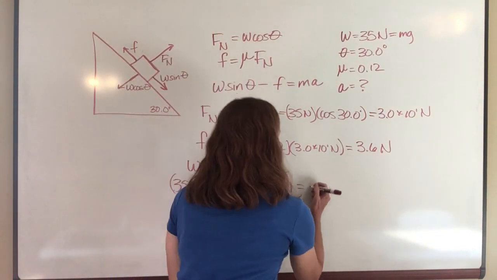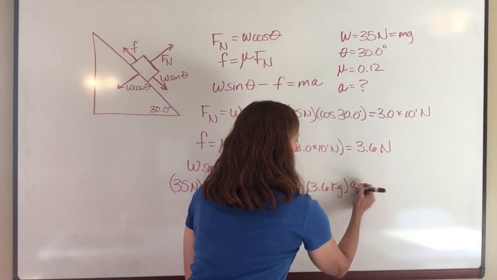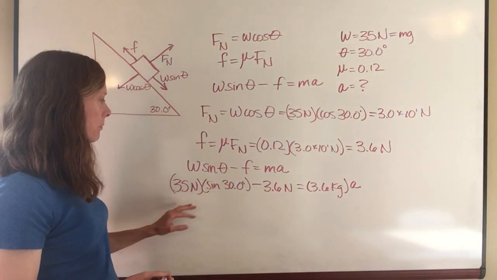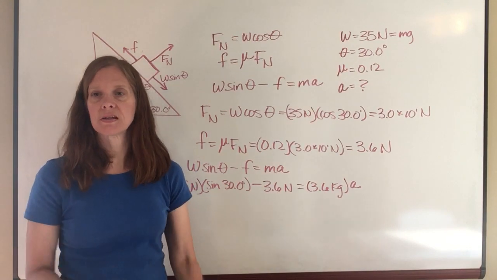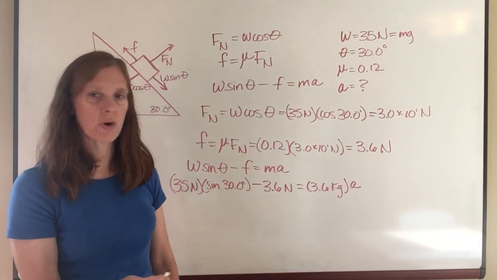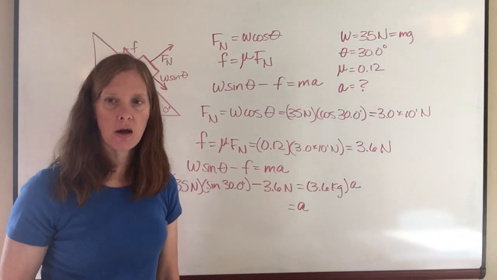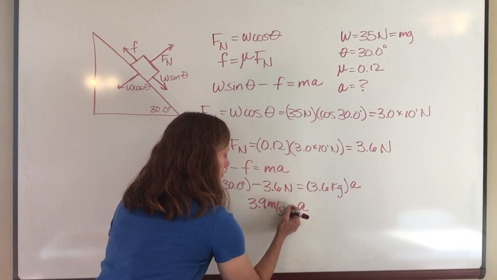The mass comes out to be 3.6 kilograms, and then I'm going to have to solve for A. So multiply this, subtract this, divide by 3.6. Again, we're down to just algebra at this point. And so then your acceleration is going to come out to be 3.9 meters per second squared.